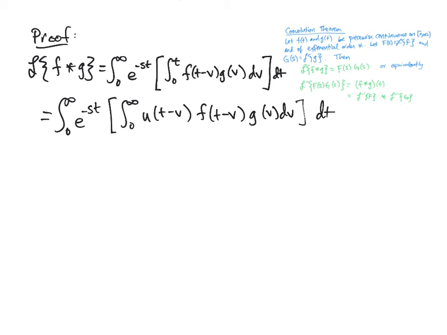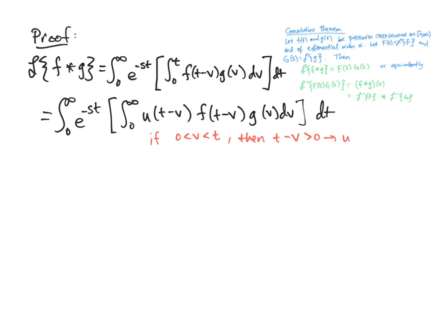So now let's think through why that makes sense some more. If v is between 0 and t, then t minus v, t is bigger than v, so this thing is going to be positive.